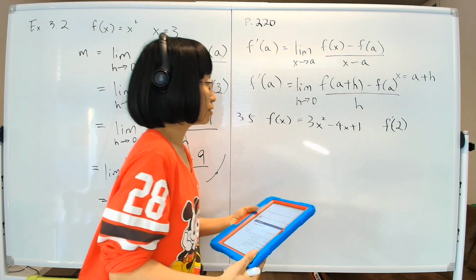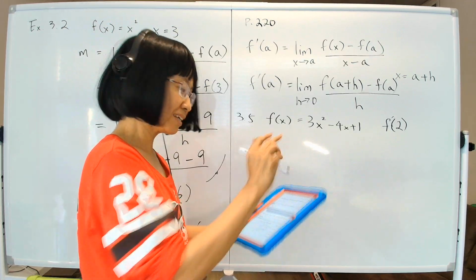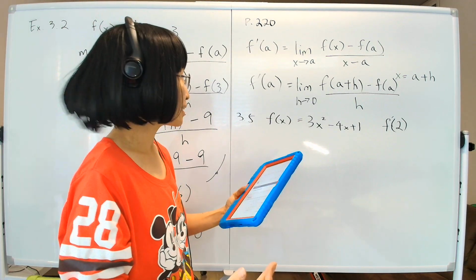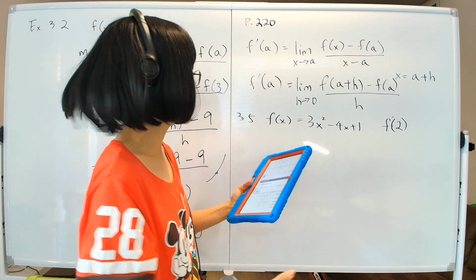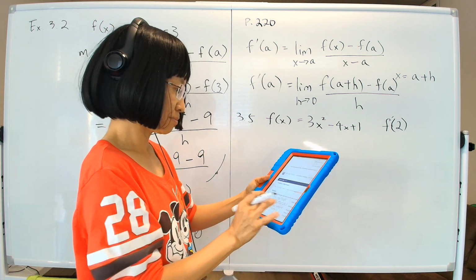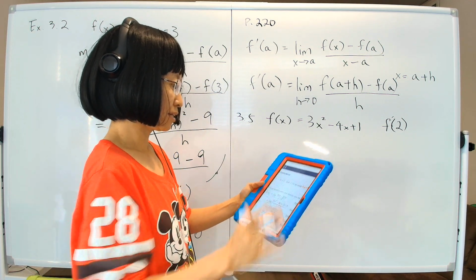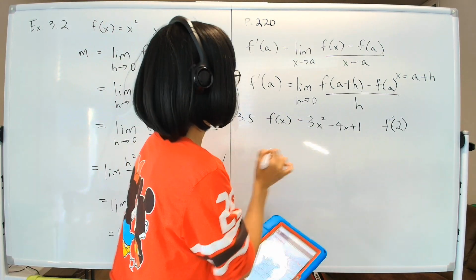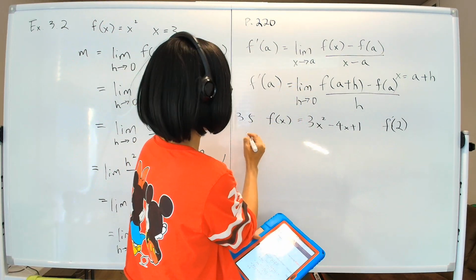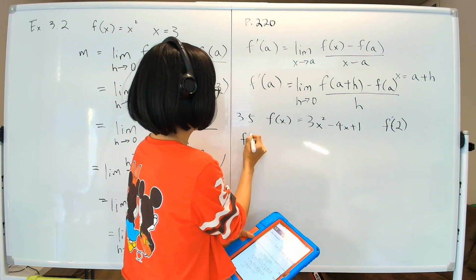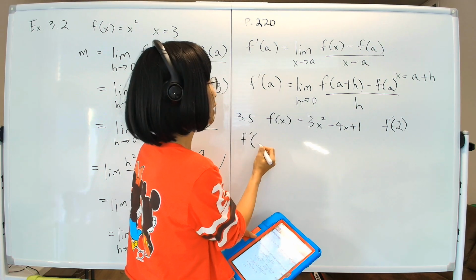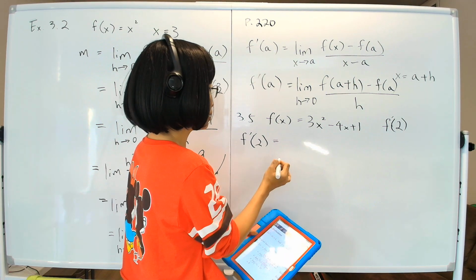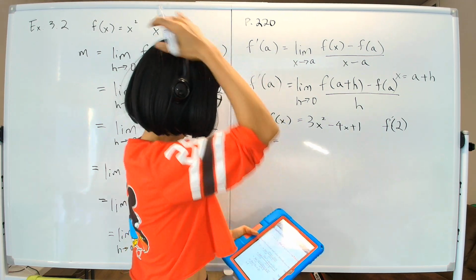So you plug this whole thing in, do a bunch of grunt work from basic algebra, and then you come up with some stuff. So we are calculating f prime of a, which in this case is 2. We will plug everything in like it says.